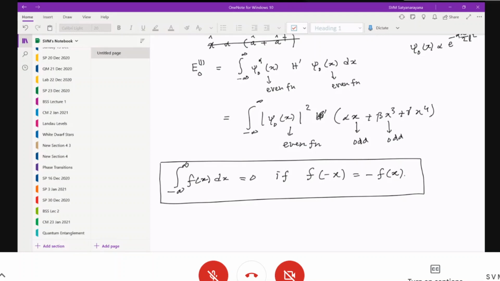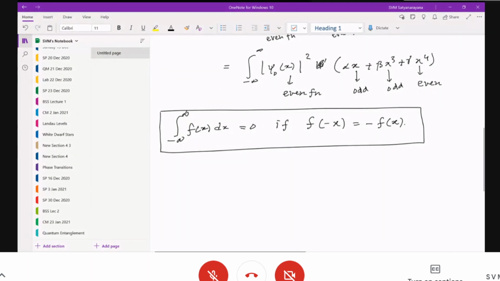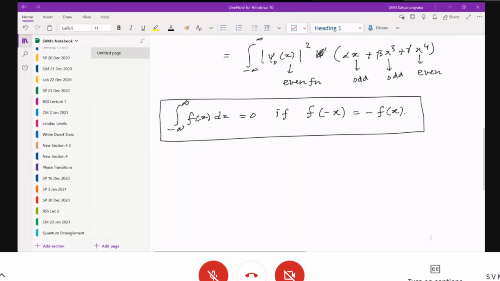So because of that, the integral with x cube will go to 0. Now x power 4 is an even function, and hence that integral will be non-zero. So let me also give you the other argument, which may be useful in some other problems.